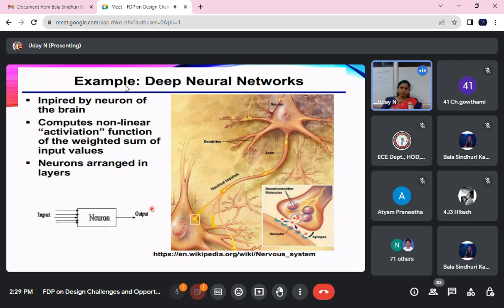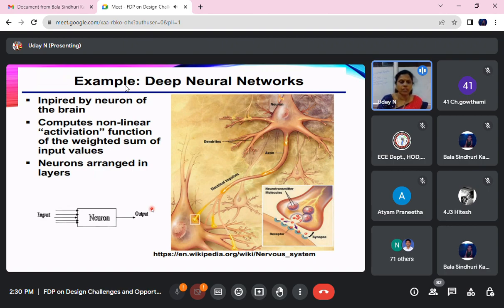In an artificial neural network also, you will have several layers: the input layer, the processing layer, and the output layer. The more processing layers there are, the more the network transforms from a machine learning or artificial neural network into a deep neural network.